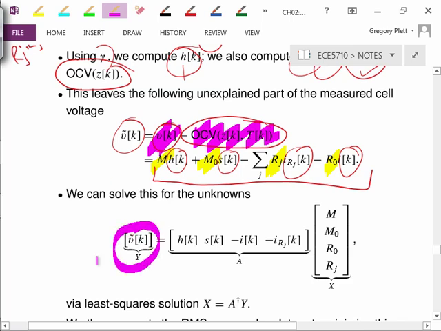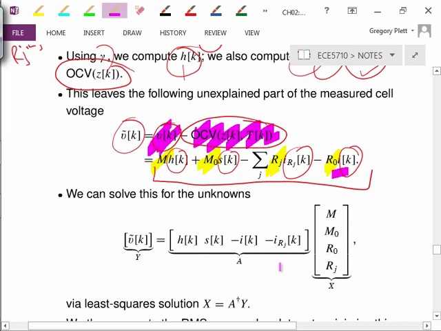I put all of those known things together into a vector y. Then the V tilde we said was h times M plus M0 times s, minus IR's times the R's, and then minus R0 times I gives you that. So this expression has everything in it that we have seen.